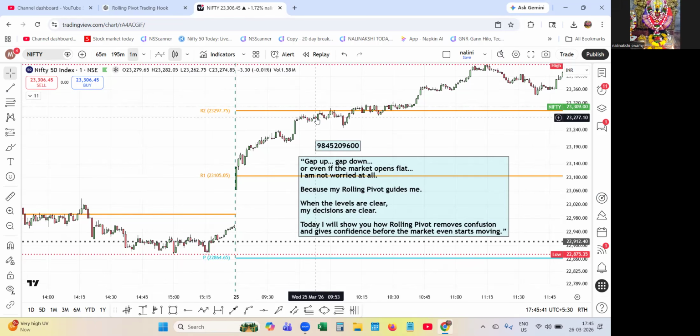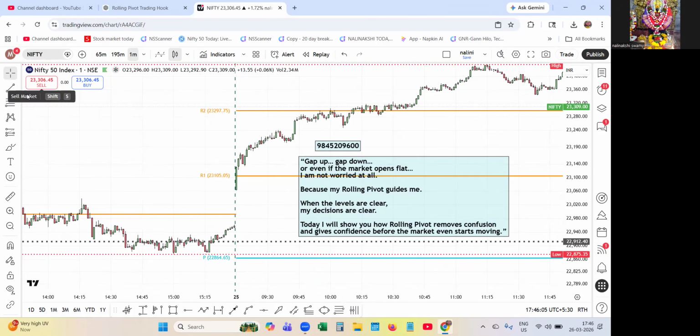Not like option writing, where you need 1,50,000 or 1 lakh, and if it goes against you, you lose much more. That has attracted normal retailers to option buying.